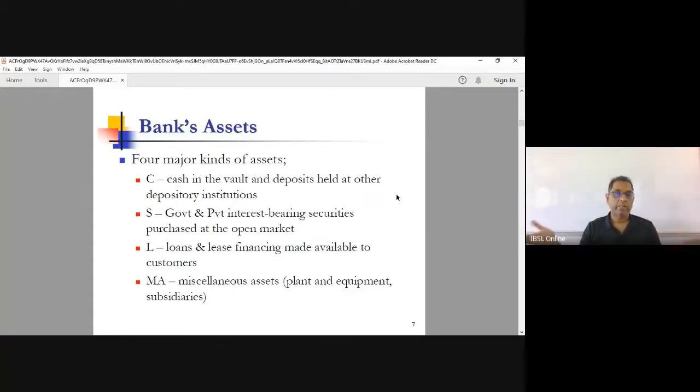Government securities and private investment bank securities, like I said, treasury bills, treasury bonds, corporate debt, commercial paper, etc. Loans and leases, so basically loans made out to your customers and loans made out to other banks. And miscellaneous assets, so like in any other firm, a bank will have its plant, equipment, buildings, vehicles, whatever it is.